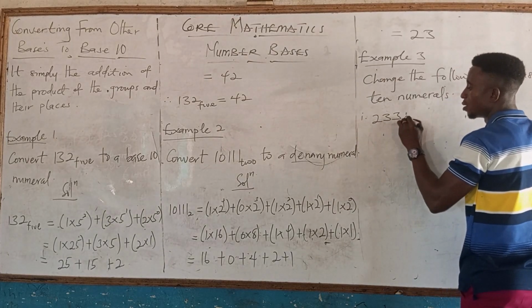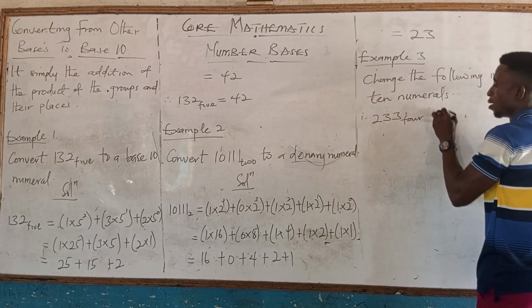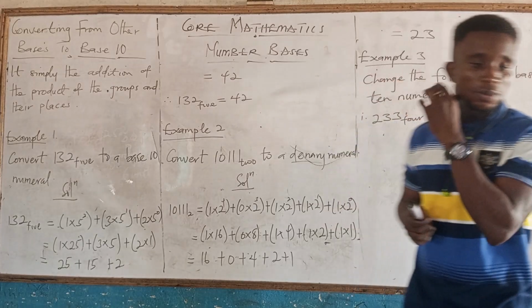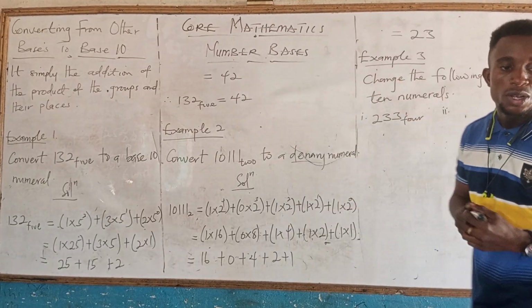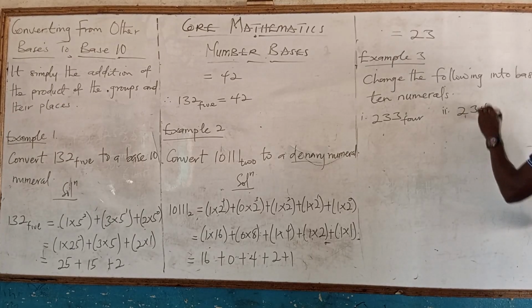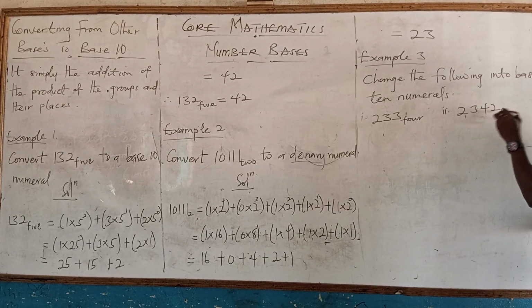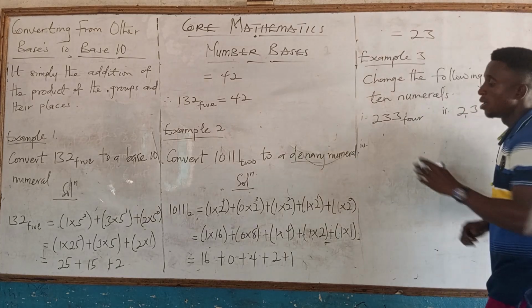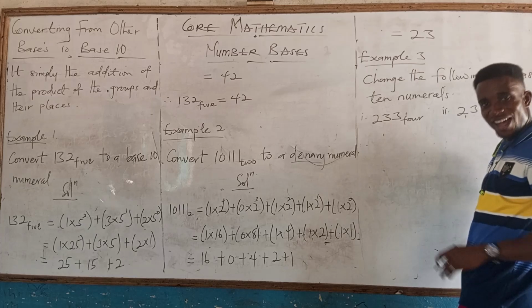So I have with me here, Roman numeral 1: 233 base 4. Roman numeral 2: 2342 base 5. Sorry. Wow.